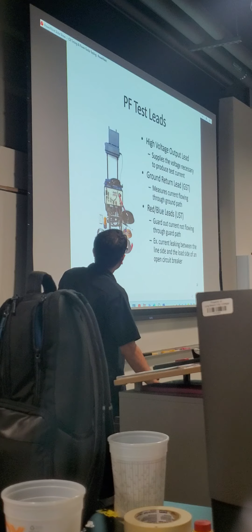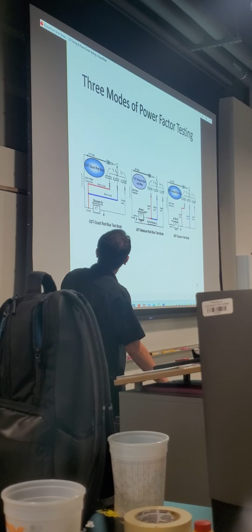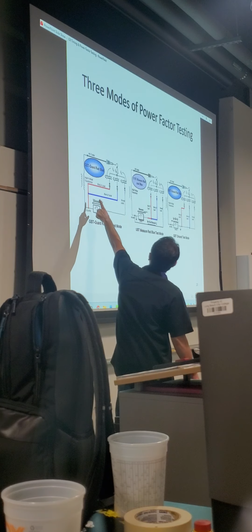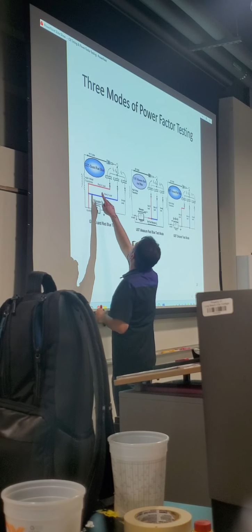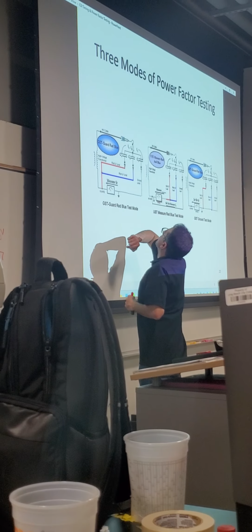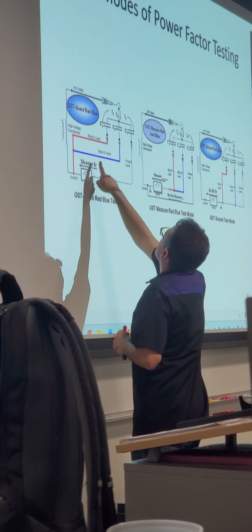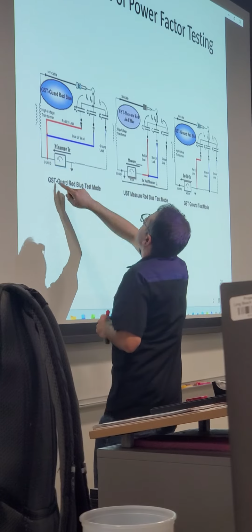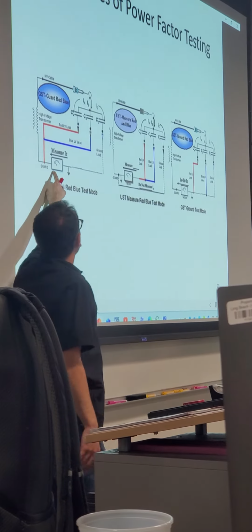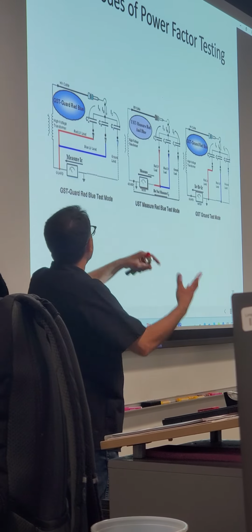First to make, last to break. This is the hook attached to the instrument. So this is what you see. The hook in this scenario is going to be attached to B phase, and then the other leads you're going to connect it. You have blue leads, red lead, and the test instrument internally is going to be doing the calculation.